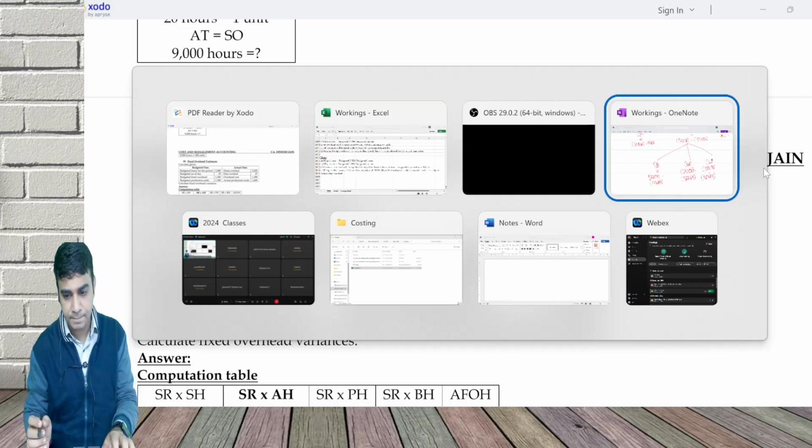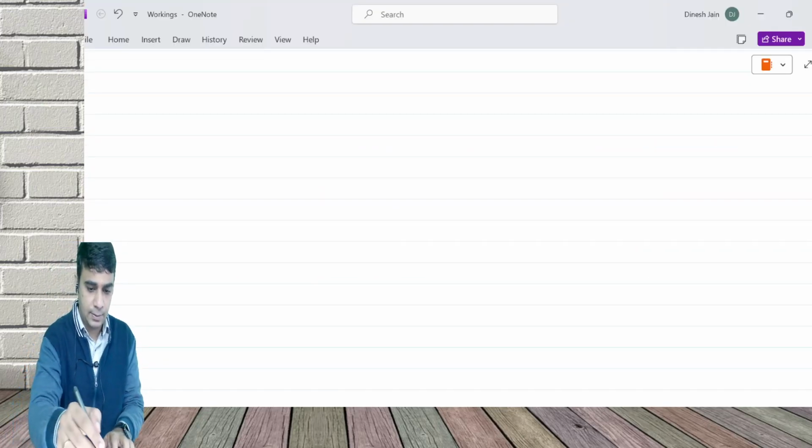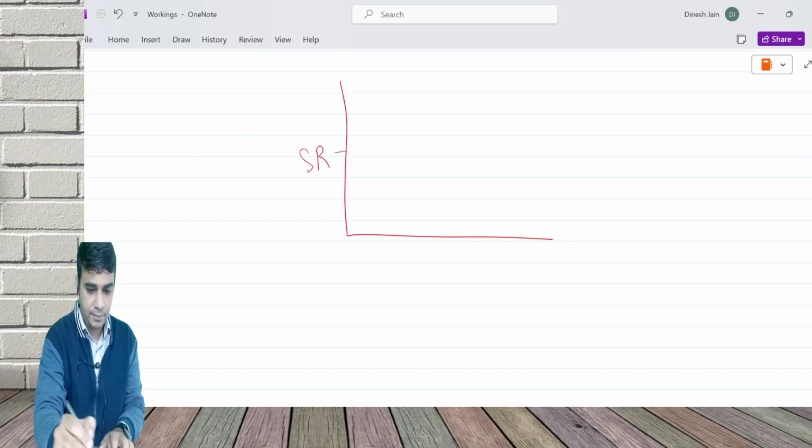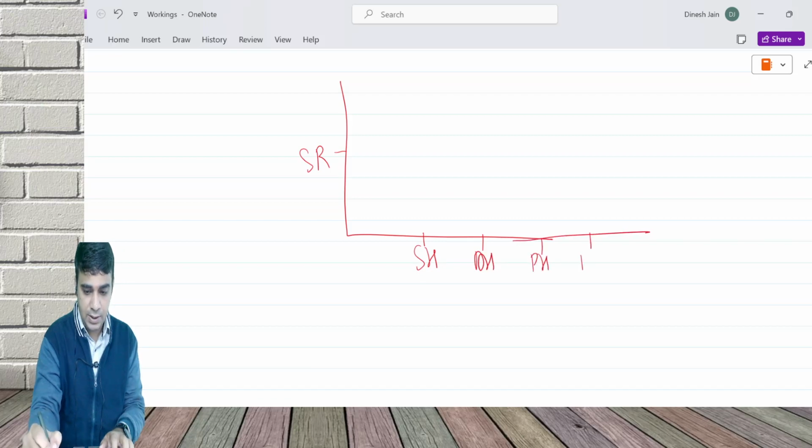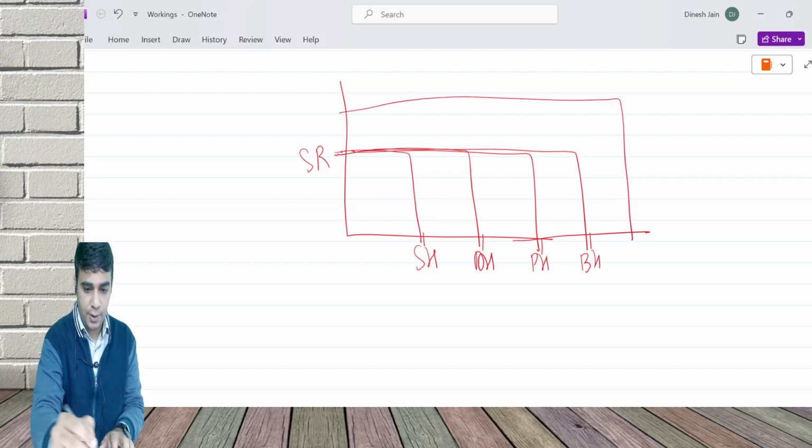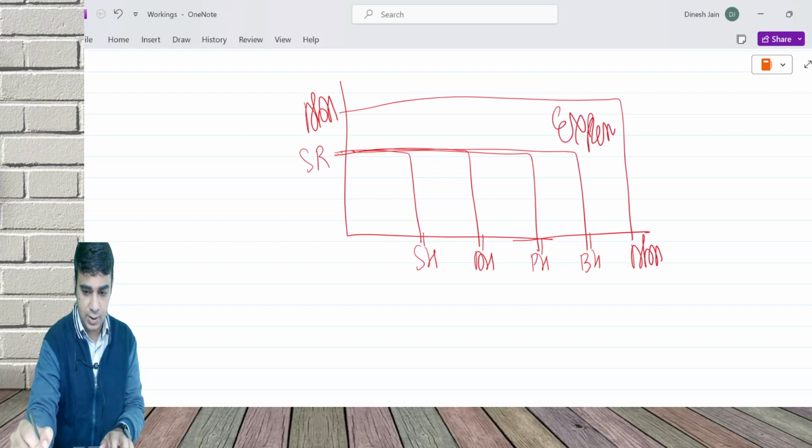Let's start. First, do the chart: SR, SH, AH, PH, and BH, and the outer column is AFOH. The outer part is called expenditure variance.